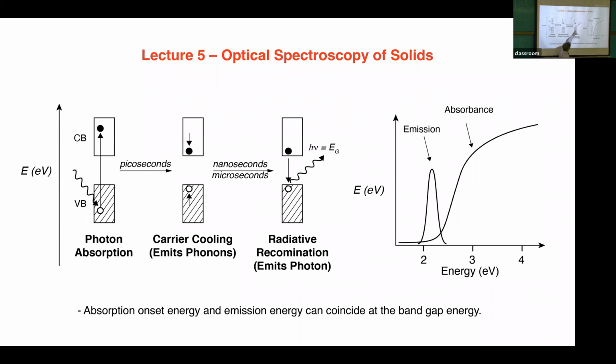And if you have a good material, it will produce a reasonable amount of light. Not all materials are luminescent, but you'll see this luminescence band, and typically it sits right at the band edges and tells you about the band gap energy. So you can estimate the band gap energy in a crystal, at least at first glance, by looking at the absorption onset and the emission.